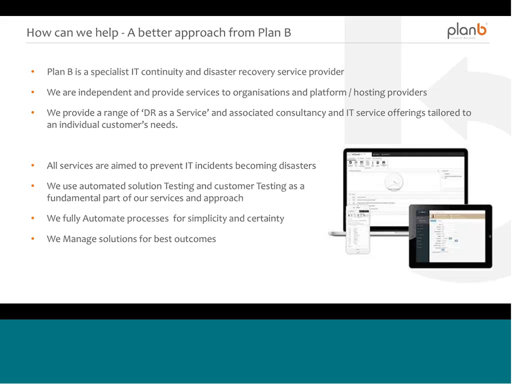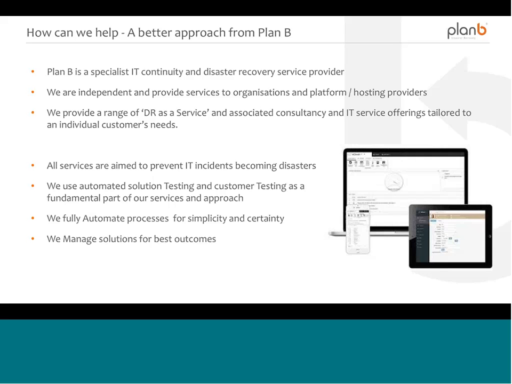I should say that Plan B provide a range of services. So that goes from consultancy offerings through to DR services, both mostly managed and tested, but we do other services as well, particularly where we're blending solutions. But all our services are aimed at preventing IT incidents becoming disasters.